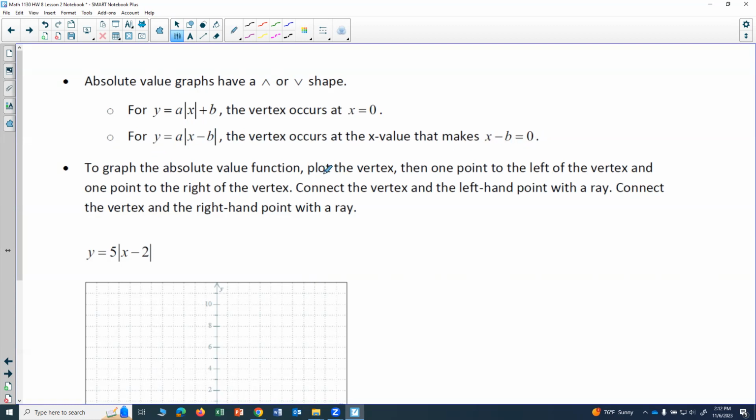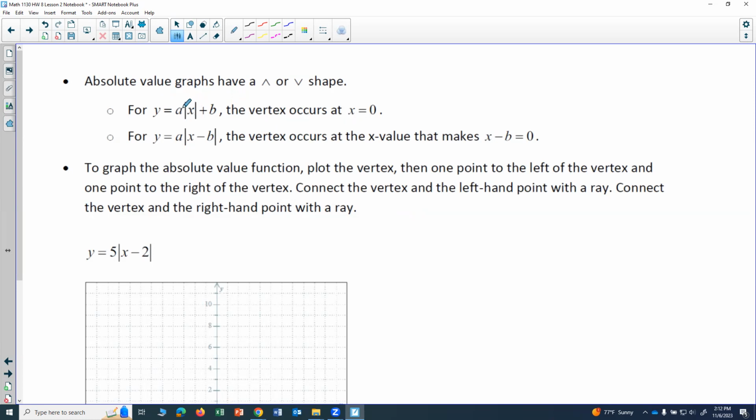To graph the absolute value function, plot the vertex, then one point to the left and one point to the right, and then connect the vertex and the left-hand point with a ray, connect the vertex and the right-hand point with a ray.